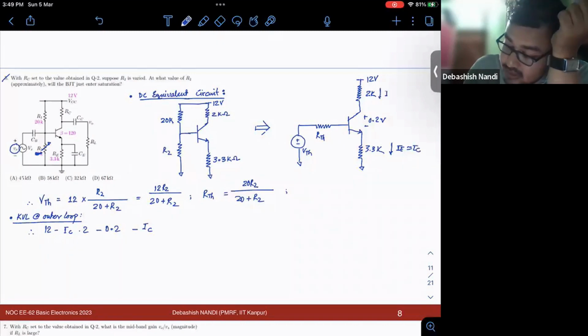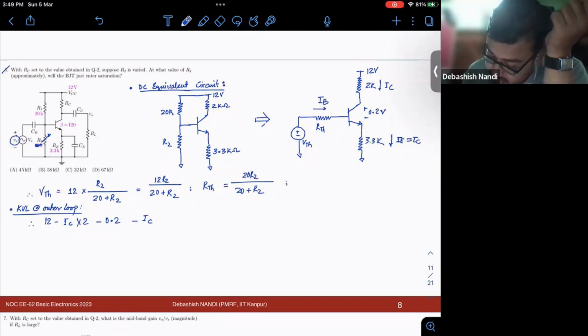This is my IC, this is my IB, right? So this becomes IC into 3.3 is equal to 0.